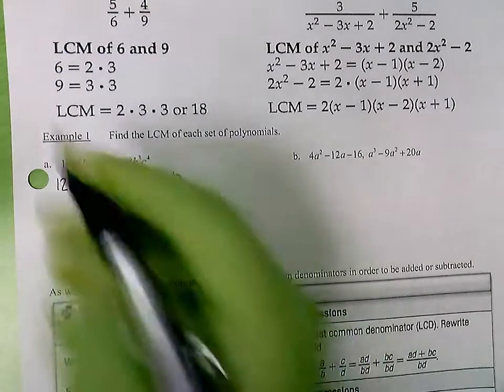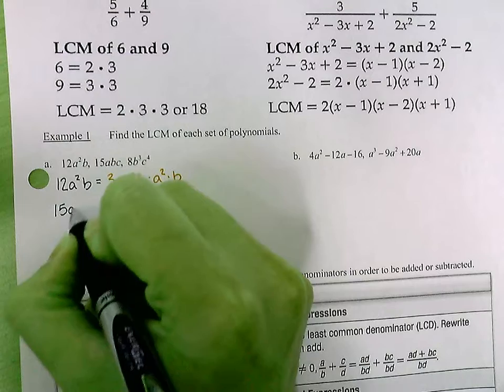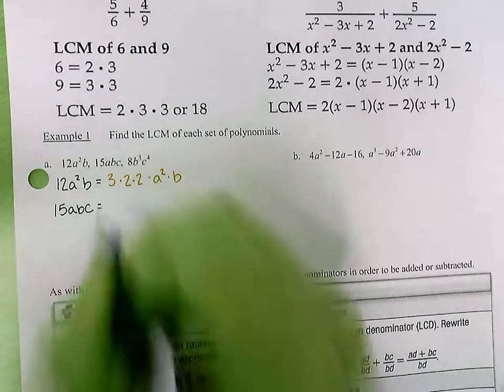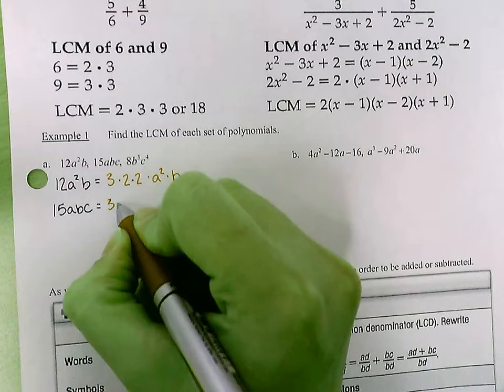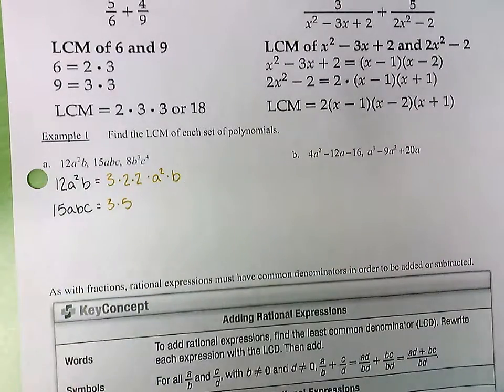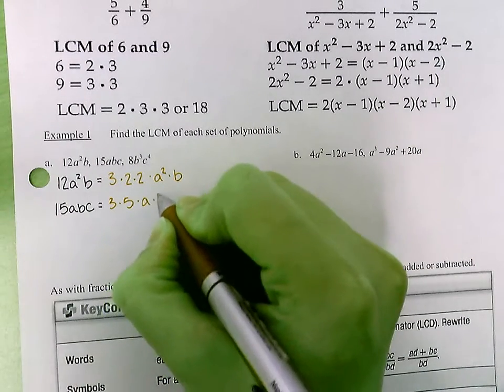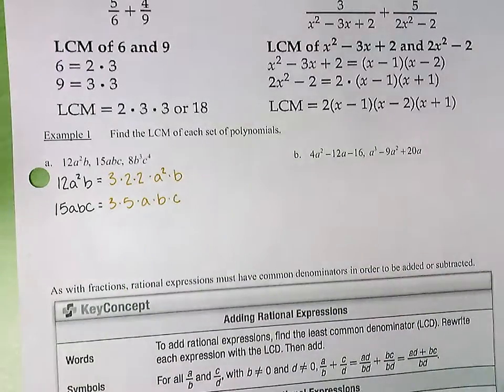My next term here is 15abc. Factoring 15, 15 can be broken down into 3 times 5. And then I still have a, b, and c.